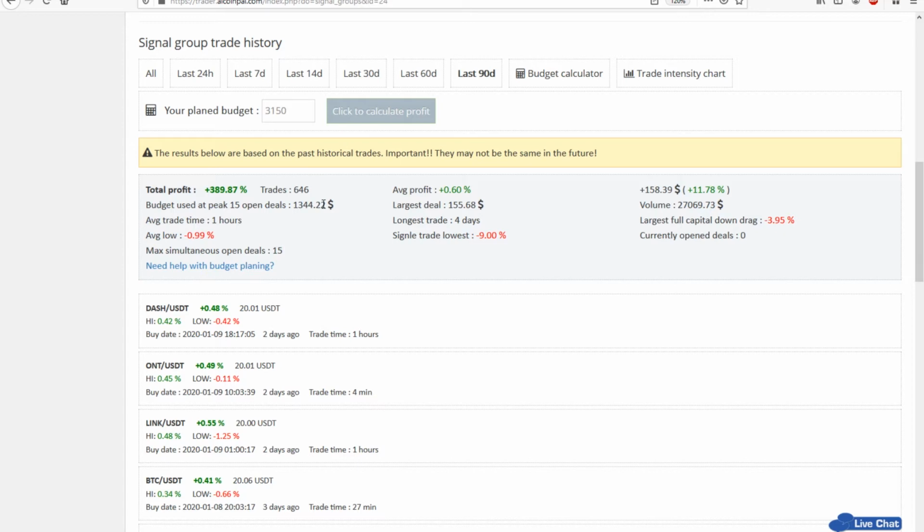So what it means is, if you had such amount of budget placed, you would earn $158 in 90 days, but the system wasn't able to use all of the budget. It used only, let's say, nearly 1/3 of the budget. So why is this?